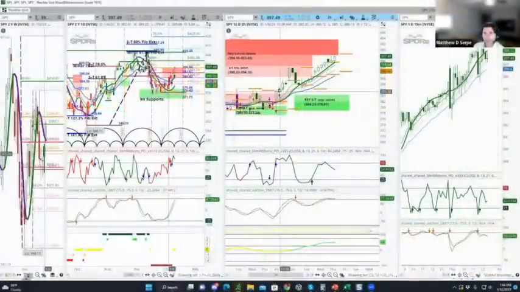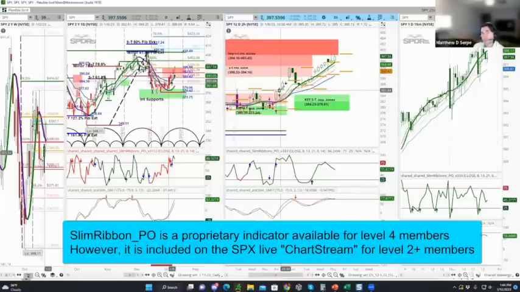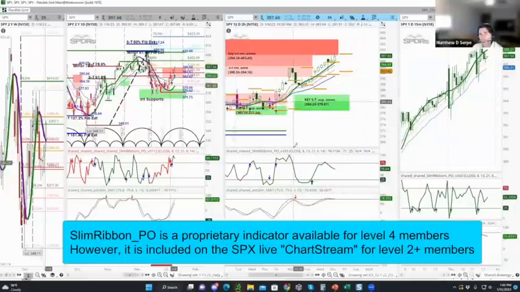Okay, you can see the slim ribbon right here went green or positive. So then the slim ribbon PO colors itself just like the candles do, green, to give us a visual cue of what the bias is, what the condition is. The slim ribbon PO serves as a leading indicator when you rally and then you start to pull back, right?